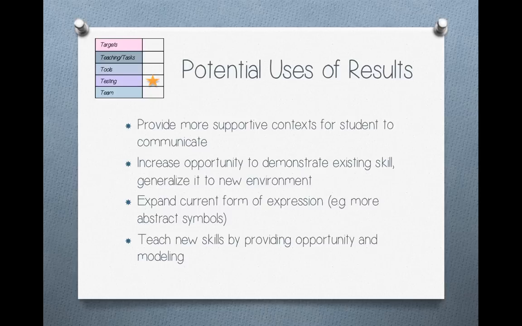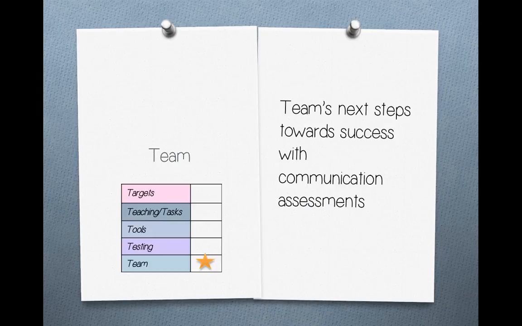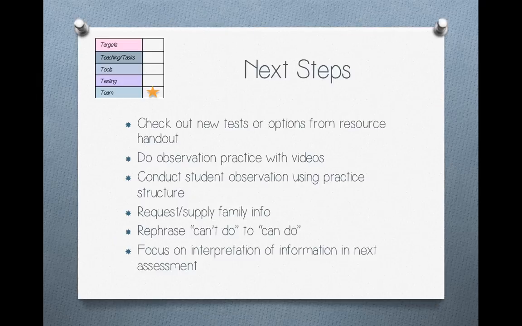So these are just some ideas about what we do with the information that we get as a result of testing, so it doesn't just live in a report somewhere. Okay, so some potential next steps towards success with our communication assessments. You might want to check out some of the new tests or options from the handouts.